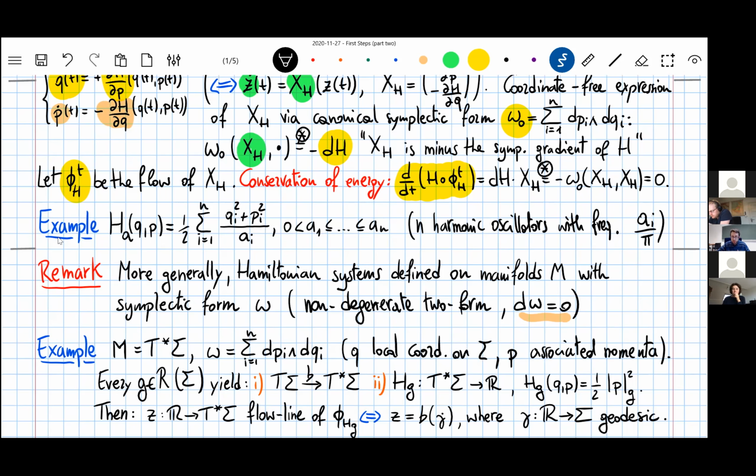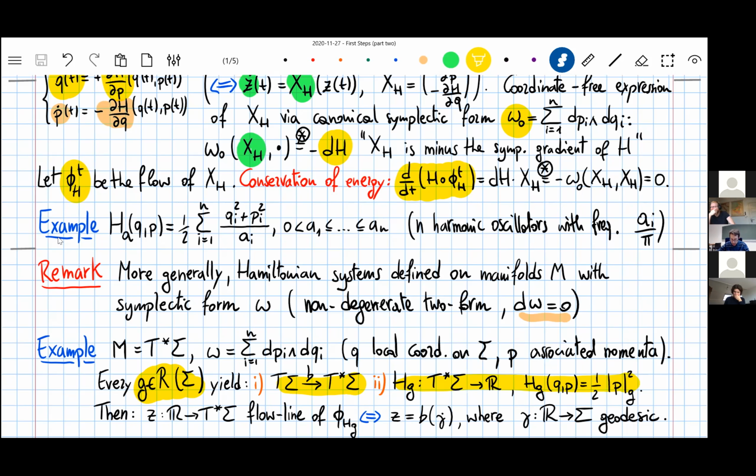And for us, it's important because, as I was mentioning before, we recover the equation of geodesics. So now if you consider as g some metric on sigma, then we can associate to g two things. One is the duality between tangent and cotangent bundle. And the other thing we can associate is the kinetic energy, which is just one half the square of the norm of p, where we take the norm on the dual space.